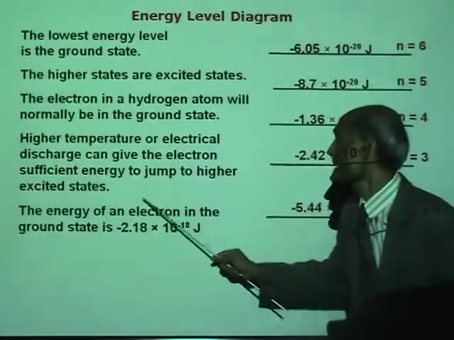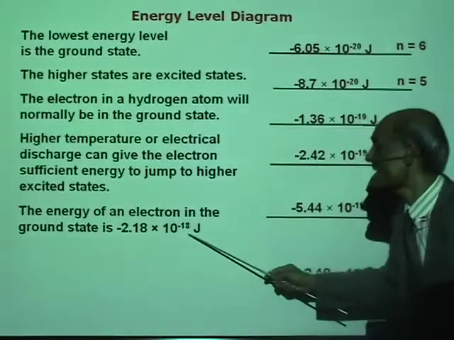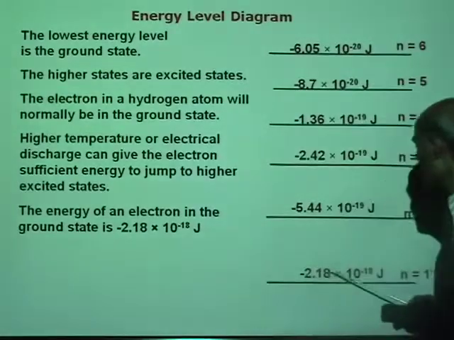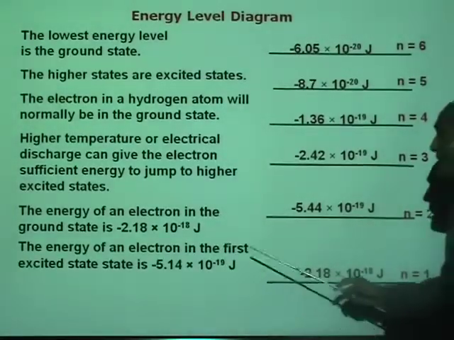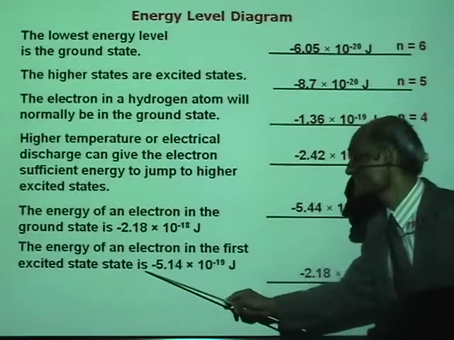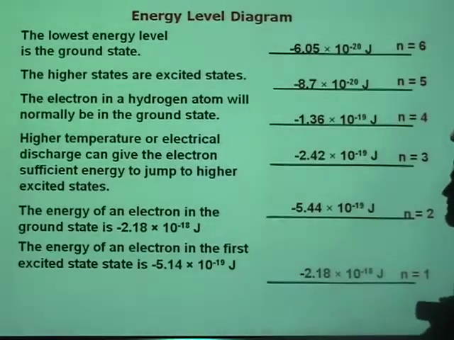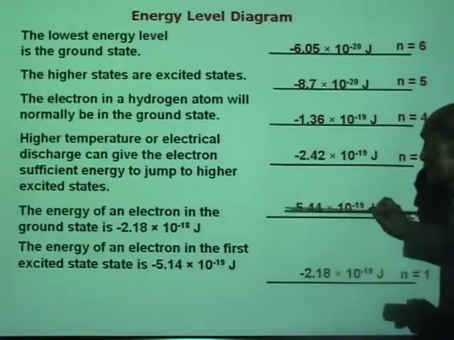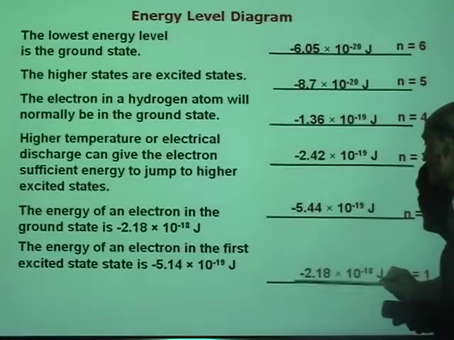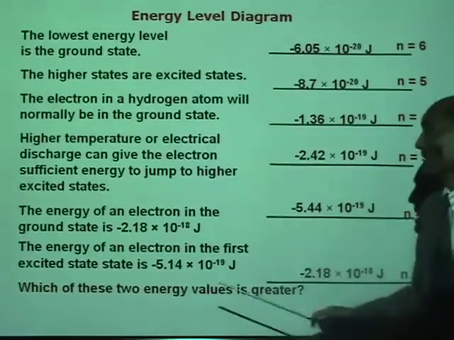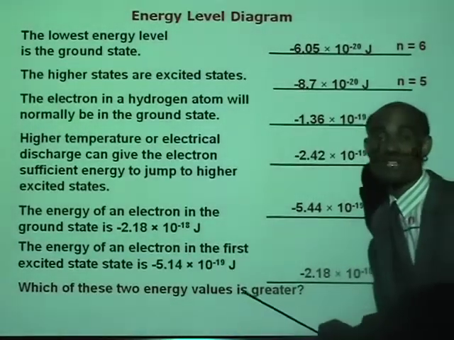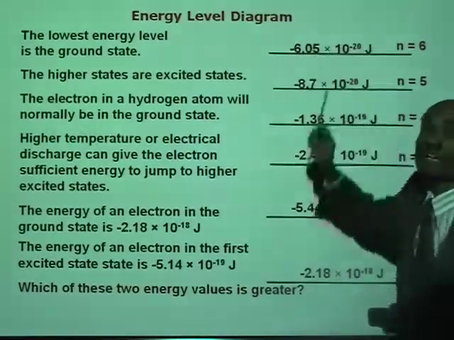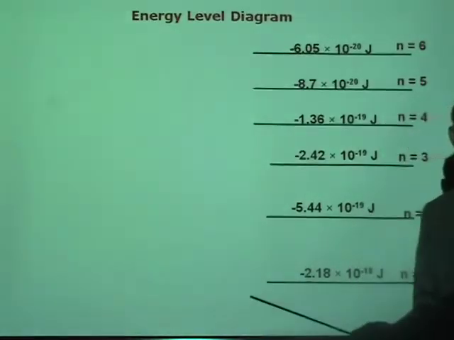The energy of an electron in the ground state is negative 2.18 times 10 to the negative 18 joules. The energy of the electron in the first excited state is negative 5.14 times 10 to the negative 19 joules, and this is greater than the ground state value. Of course, as you go higher, the energy values get greater and greater.